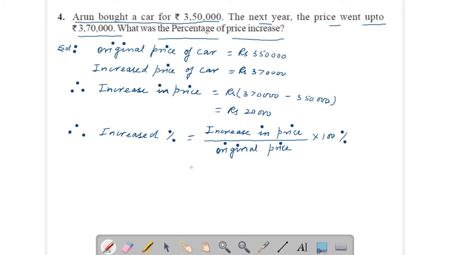Put the values. Increase in price, it is rupees 20,000 upon original price, it is 3,50,000 into 100%. Solve it.